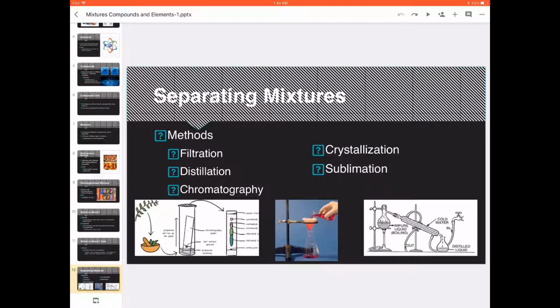So in order to separate mixtures, there's many different methods to do it, and it would all kind of depend on the mixture you're dealing with. You could do it by filtration, distillation, chromatography, crystallization, or sublimation. So filtration would be if you've got a solid mixed in with a liquid.